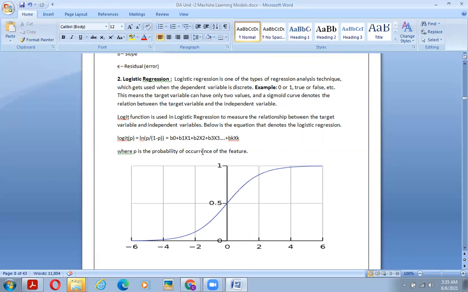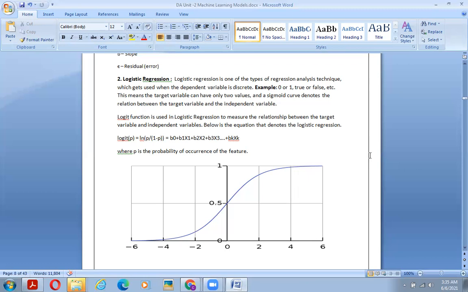So logistic regression is a type of regression analysis technique where we get a dependent variable in discrete form, for example 0 or 1, true or false. This means the target variable can have only two values. Its output can be only two. And the sigmoid curve denotes the relationship between the target variable and the independent variable.